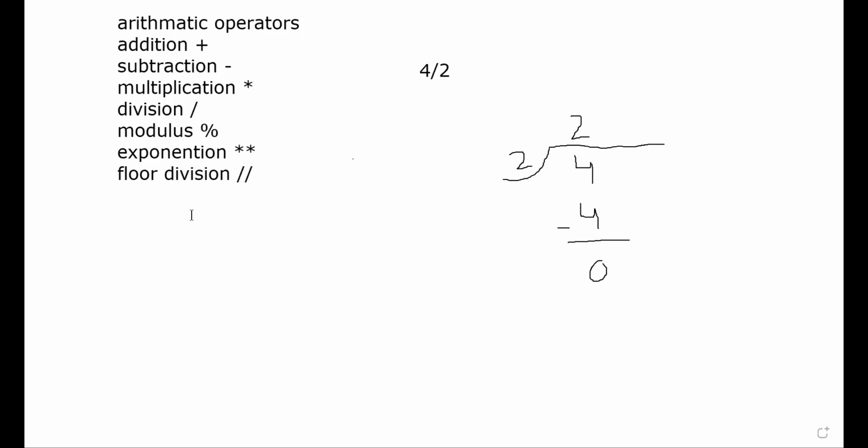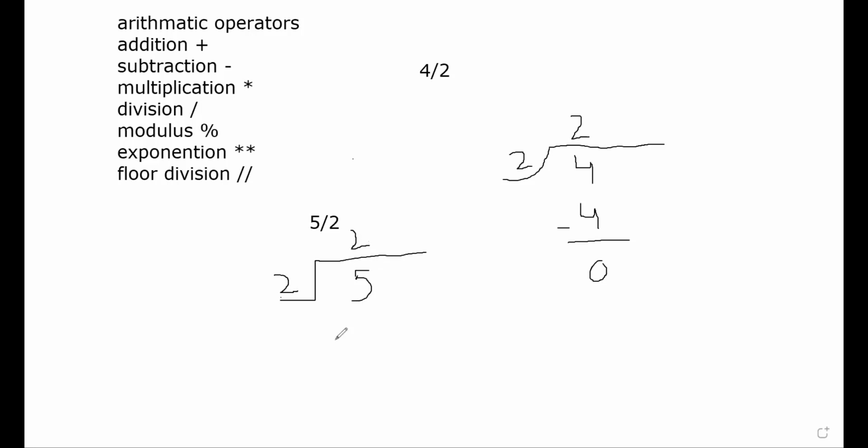Let's say I ask you to divide 5 by 2. Similarly, you put 5 inside the table and 2 outside. You read the table: 2 ones are 2, 2 twos are 4, 2 threes are 6. 6 is greater than 5, so we pick 2 twos are 4.